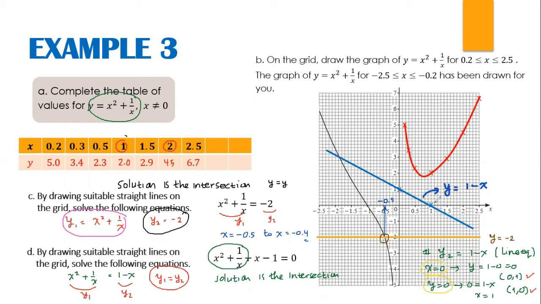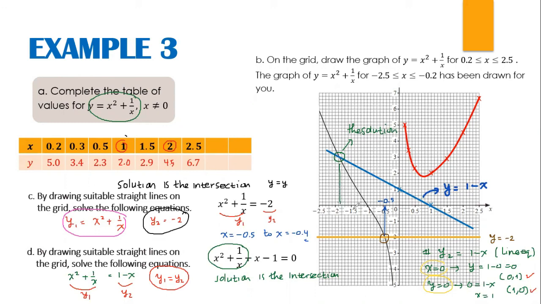This is the line. So what about the solution? The solution of x squared plus 1 over x and 1 minus x is the intersection. This one is the intersection. So this is the solution, the solution of both functions with respect to the x-axis.